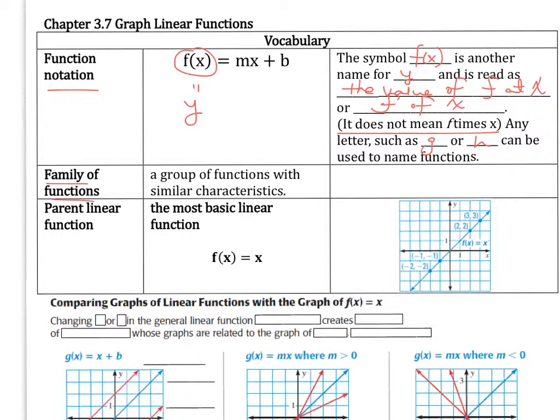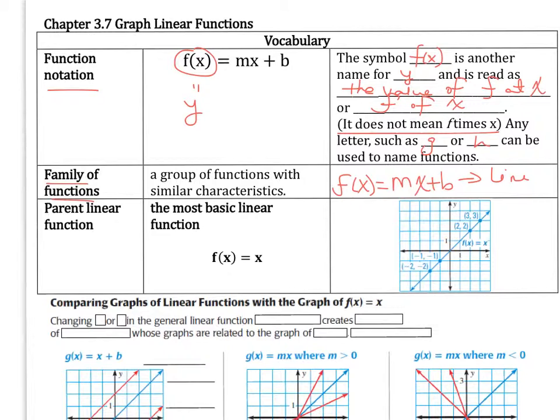A family of functions is a group of functions with similar characteristics. So, for example, any linear function with the following model, f of x equals mx plus b, will be considered a family of functions because they all have the graph of a line.